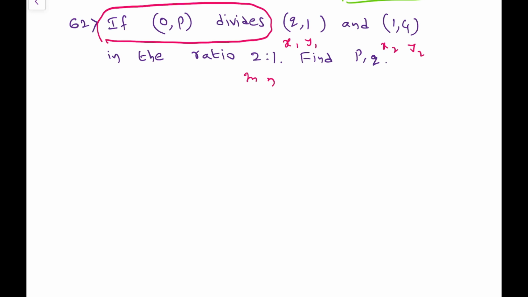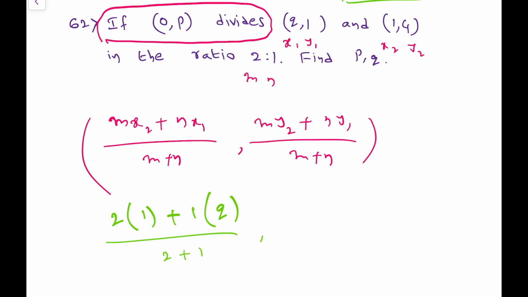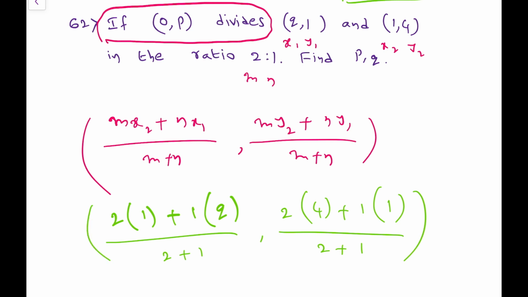So now let us enter our section formula. (mx2 + nx1)/(m + n), comma, (my2 + ny1)/(m + n). Here m is 2 into x2 1 plus n 1 into x1 q divided by m plus n, 2 plus 1, comma, m is 2 into y2 4 plus n is 1 into y1 1 divided by m plus n, 2 plus 1.